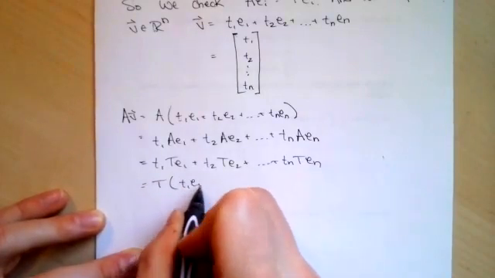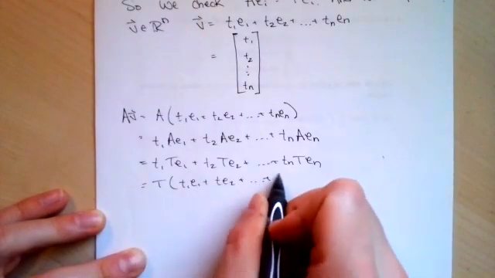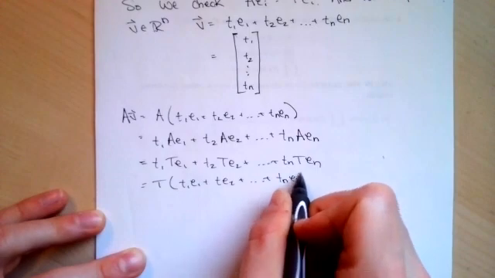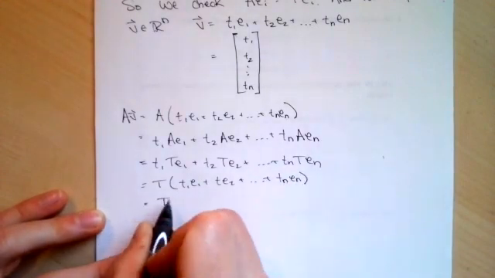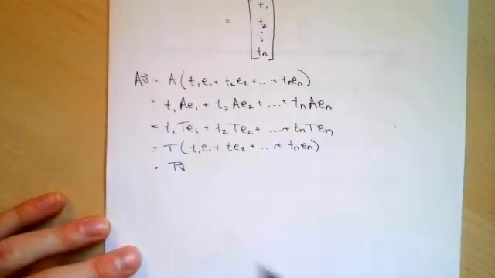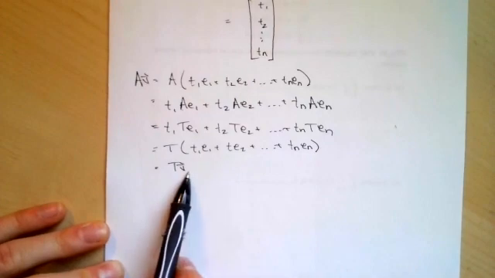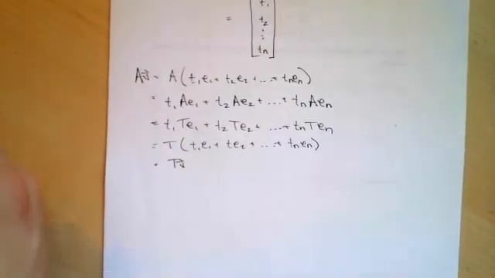We can factor out the linear transformation. In other words, everything T does to any given vector, A is going to do the exact same thing. So since A acts in the same way on every single vector as T does, they are the same transformation.